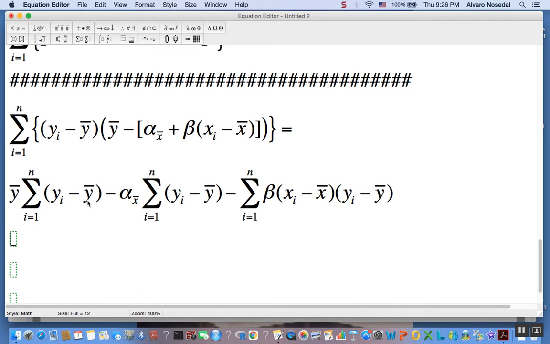When we showed the equivalency between the formula for the slope for the original form of the least squares regression line and the alternative form of the least squares regression line. Okay, so let me just point that out.